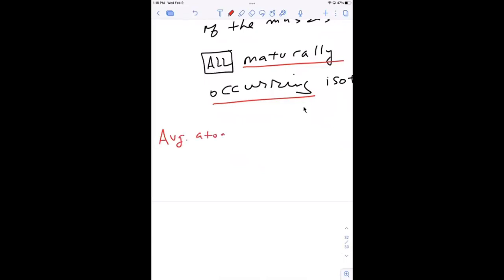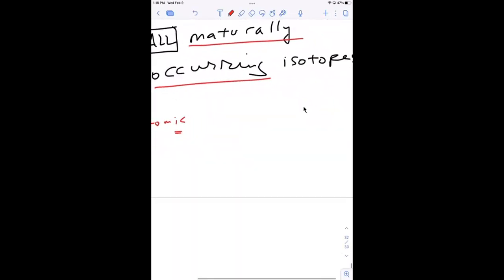So the average atomic mass is determined by knowing the fraction or the abundance of the isotope and its mass. So it's going to be the sum of the fractional abundance, and I'm going to explain that in a minute.